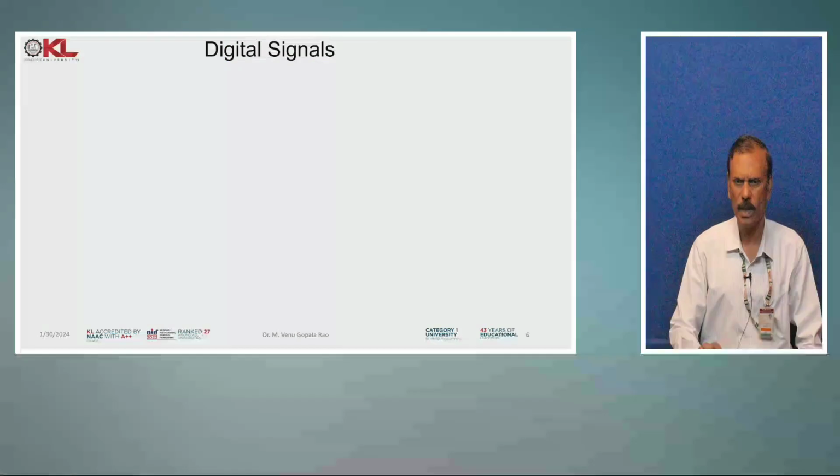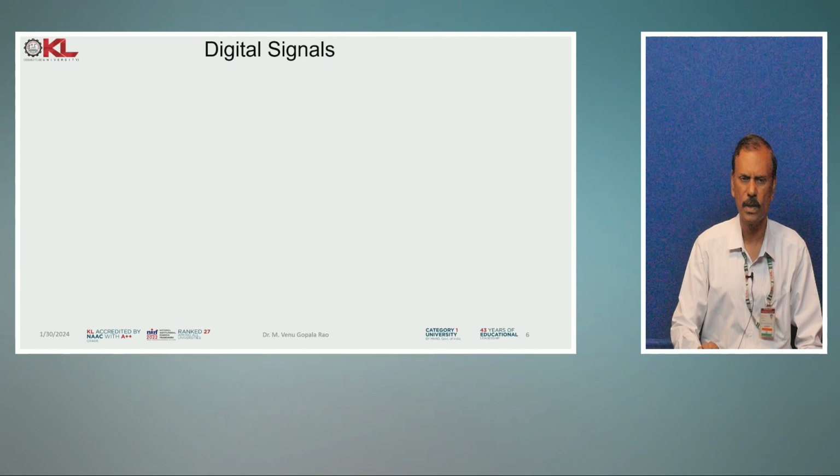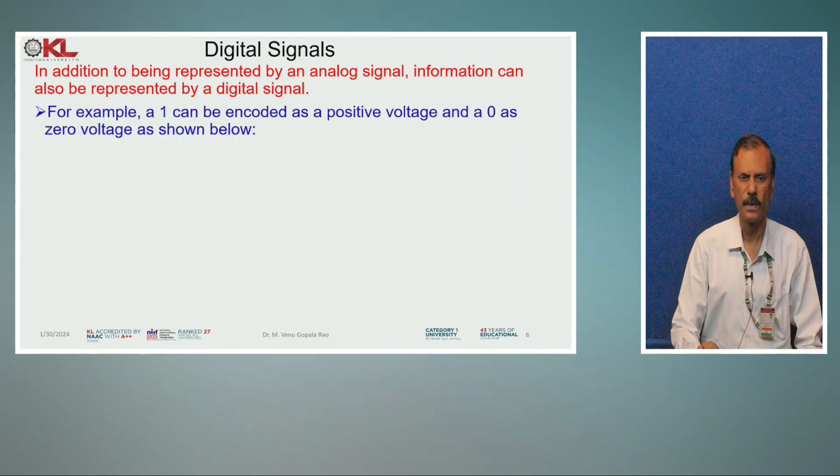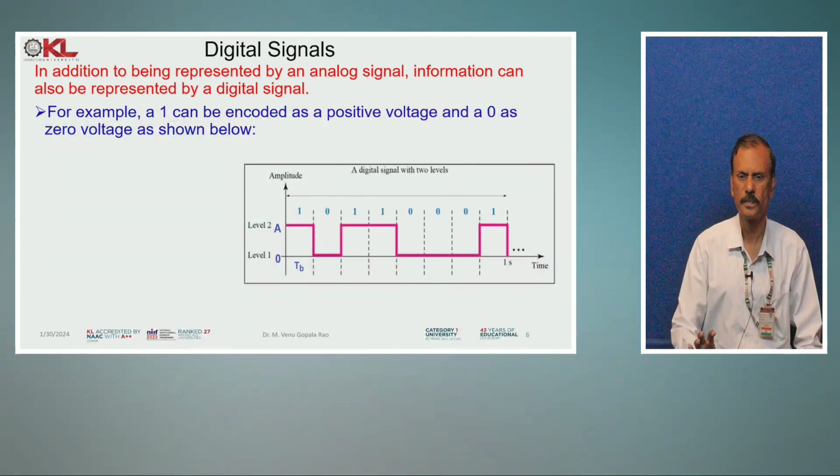Now, before going into passband digital transmission, we are going to study in this slide what digital signals are and certain fundamentals. Usually, in addition to being represented by an analog signal, information can also be represented by a digital signal. For example, a 1 can be encoded as a positive voltage and 0 as a zero voltage, as shown below.